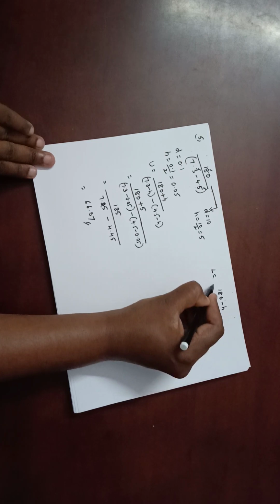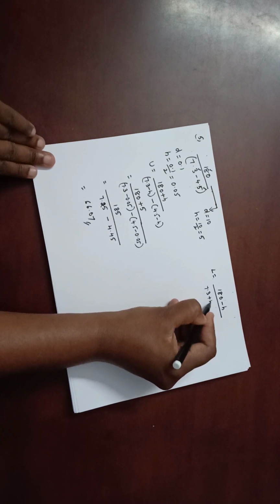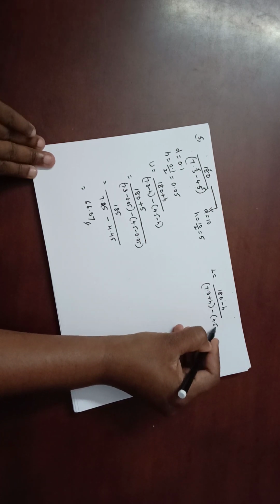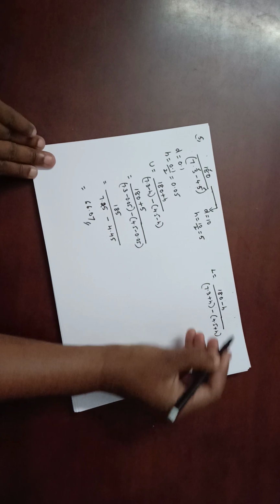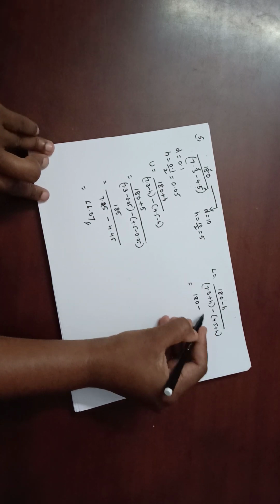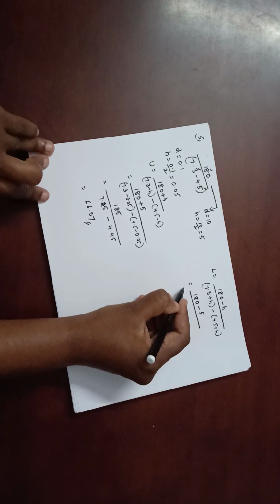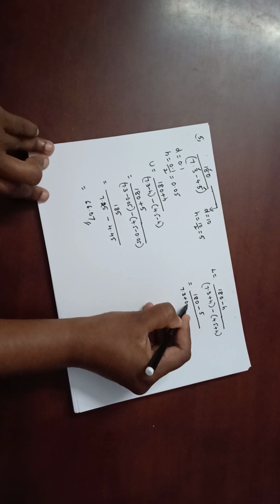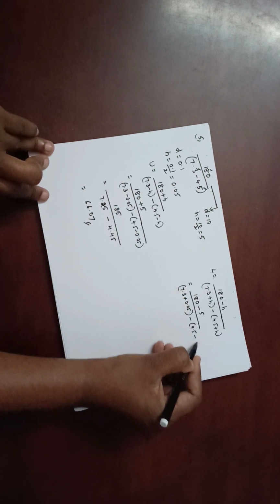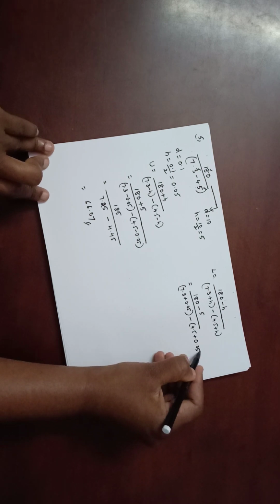So what is the lower bound? 180 minus h divided by 7.3 plus h minus 4.5 plus h. I think you are following. 180 minus 5 divided by 7.3 plus 0.05 minus 4.5 plus 0.05.